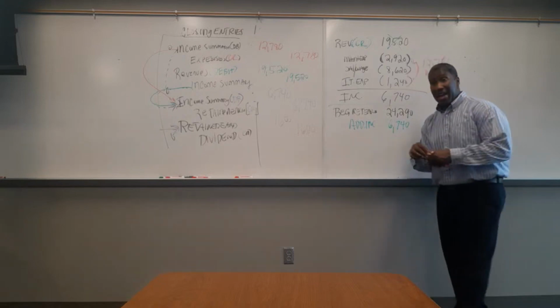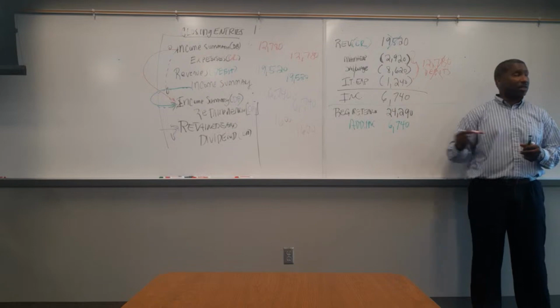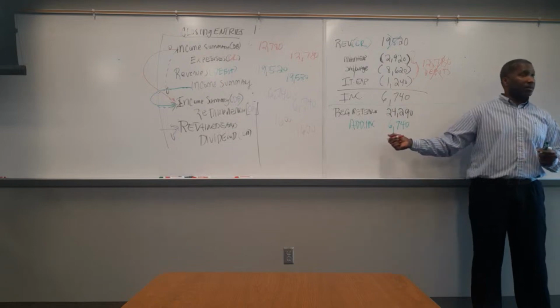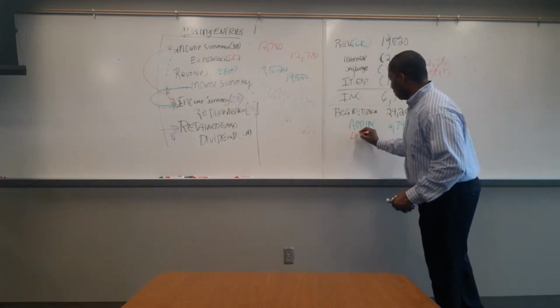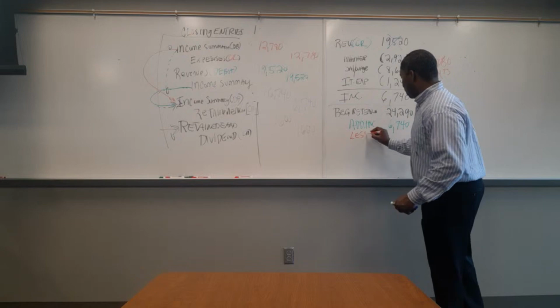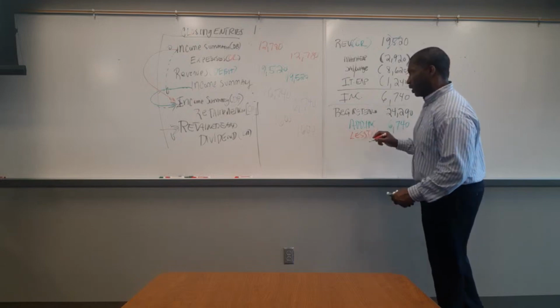And we paid, which means we decreased our retained earnings, so we're going to do what with the dividends? Subtract, or we may say less in our books, the same as subtract. And the dividends were 1,600.